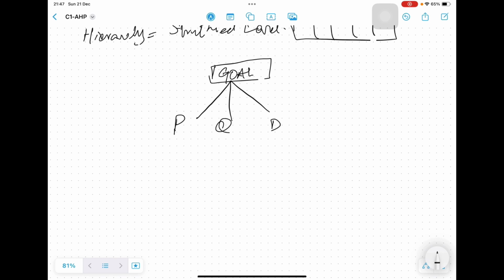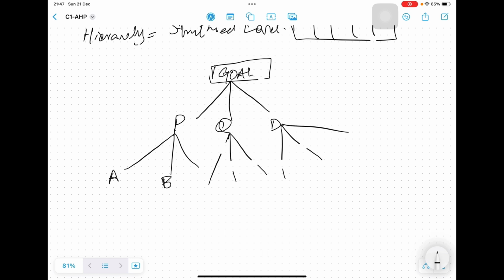And it has alternatives, which you can say are A, B, C. So this structure is the heart of AHP.